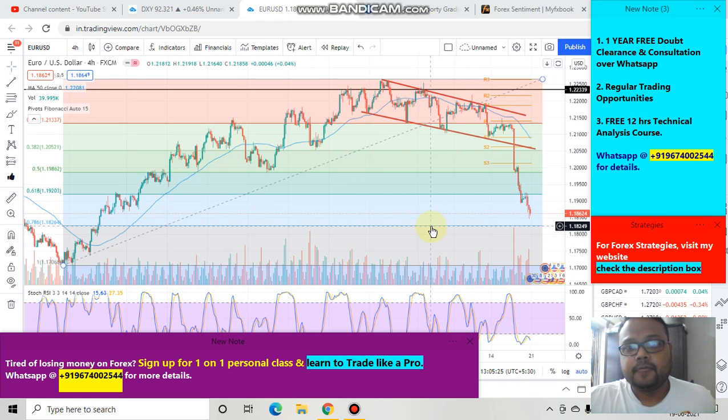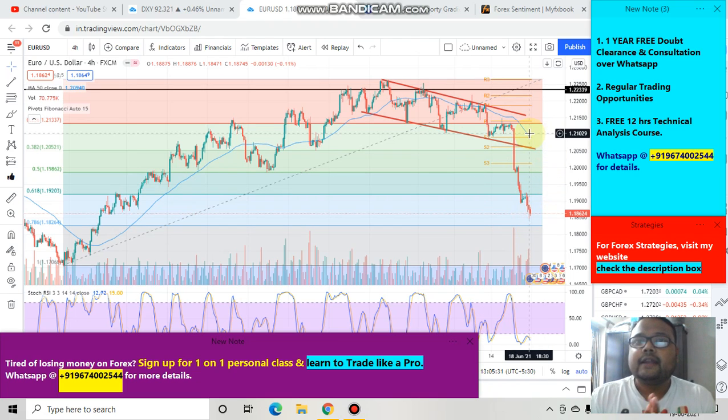the 78.6% retracement. Just look at the heavy selling pressure on Euro USD. In fact, the condition of Pound USD is also the same. Because the dollar became very strong, and when selling pressure came in the market, people started selling, and ultimately there was a bloodbath on Euro USD.